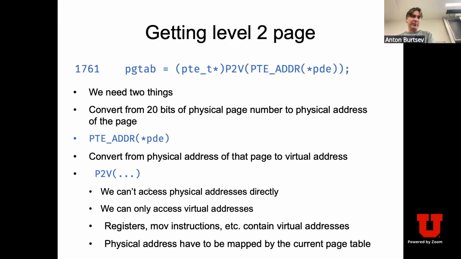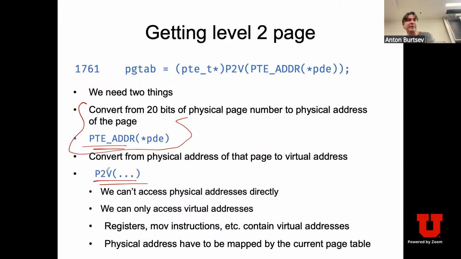So what we're doing here, we just extend those. We take the value which is there in the page directory entry and extend it to the address, essentially erasing the lowest 12 bits to zeros. And then we're using this macro which converts from physical, because the entry contains the physical address.